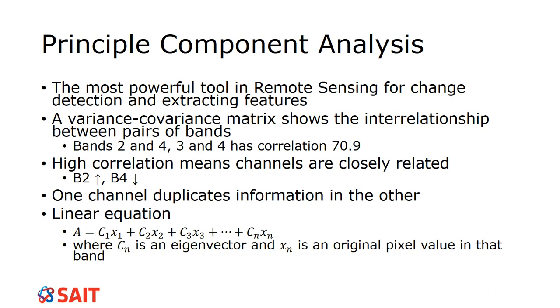The reason being is there's so much dependency based on the sensor and the time of day and everything else that I can't really extract a true change. So if I use PCA, then now I've got the ability to say, hey, I can see patterns and I'm pulling out those patterns.